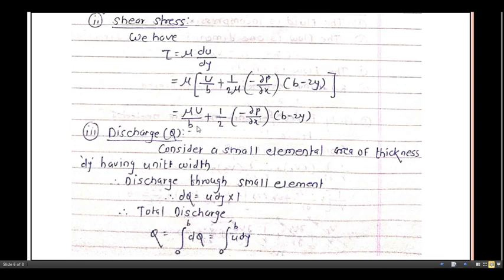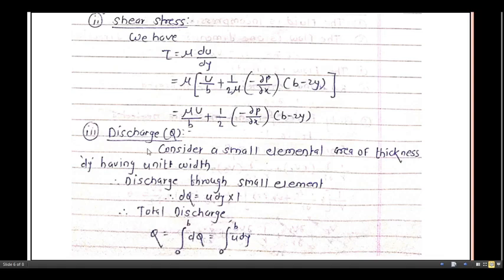So we get tau equals mu into (U by b plus 1 upon 2 into minus dabba p by dabba x into this term (b minus 2y)).